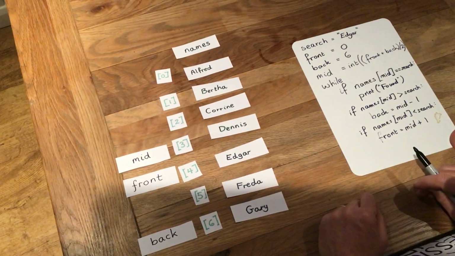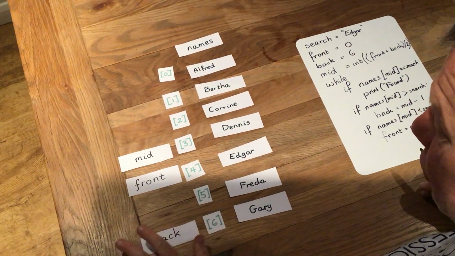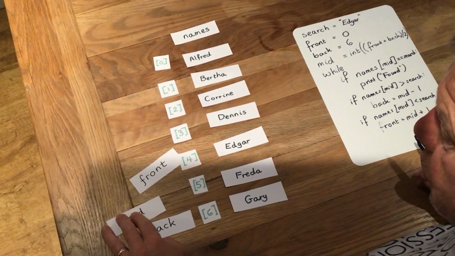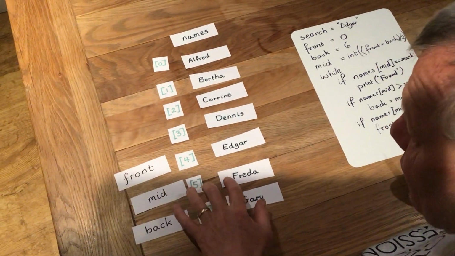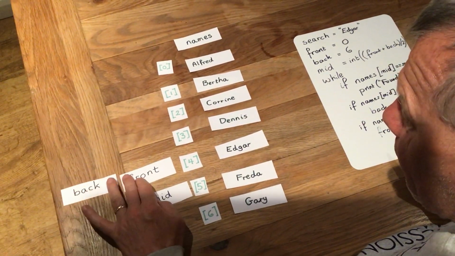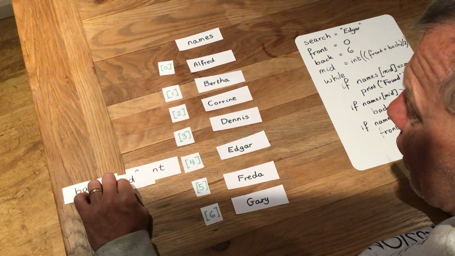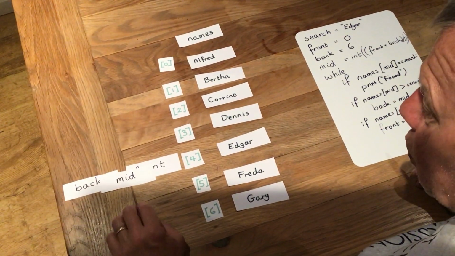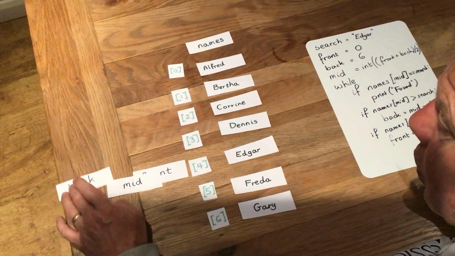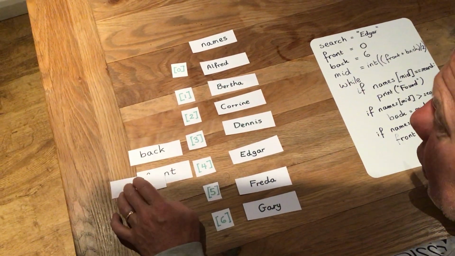Well, let's think about what might happen if what we're looking for is found. So we've got to mid there. Mid has moved to here. That's not there. So back will move to here. Mid will now become here. Now, if that wasn't the case, then we'd probably find that mid or back will move in front and so on.